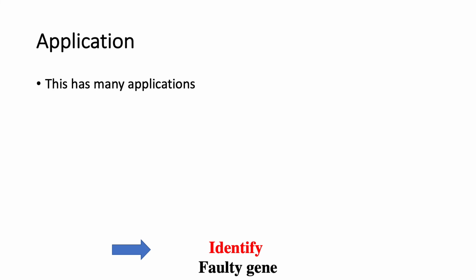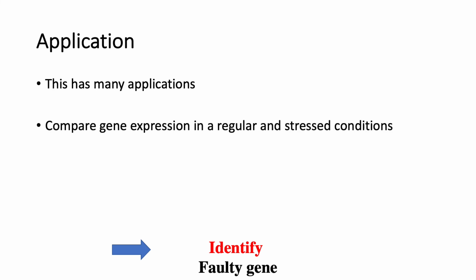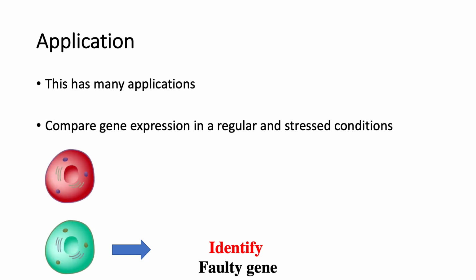For example, we want to know how gene expression has been altered under water stress conditions. We can compare the mRNAs in a regular cell and a water-stressed cell on the same array, and as simply as identifying a color on a grid, we can know precisely which genes have been altered.